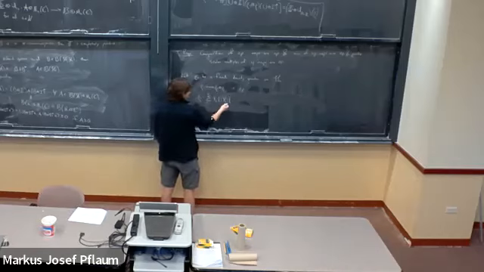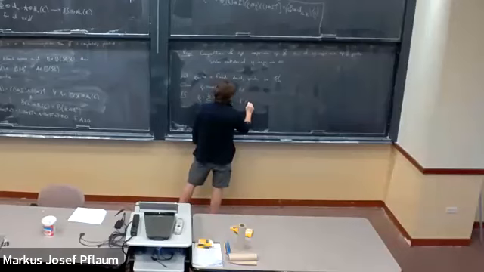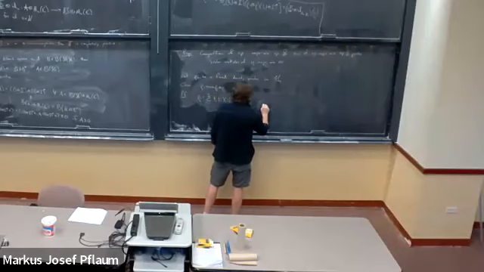These |i> are an orthonormal basis of eigenvectors of rho naught. These t_i are the corresponding eigenvalues. So these t_i are positive, and they sum to 1.